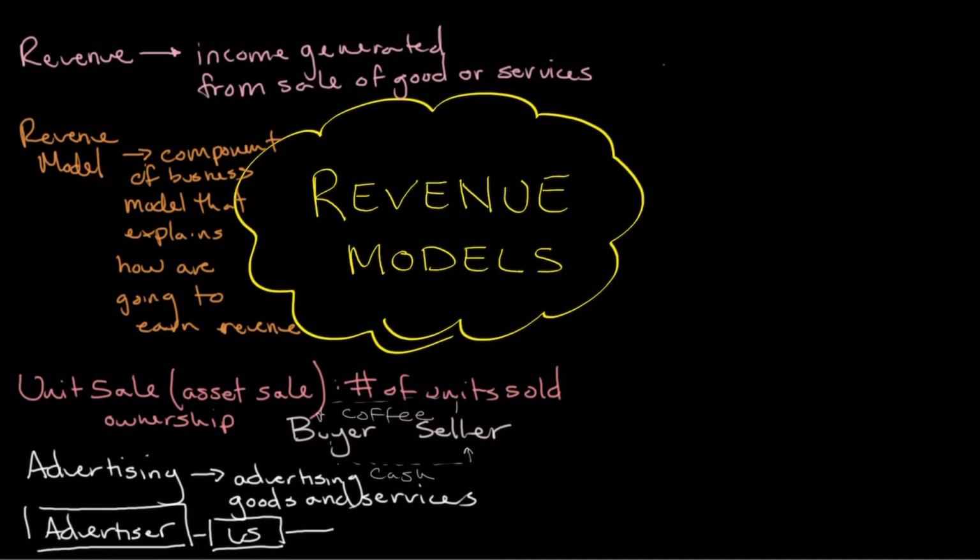And then here we can call them a potential buyer, let's say. So we're in the middle here. And so ultimately our goal is to attract as many of these potential buyers as possible so that we can then sell access to them to an advertiser.